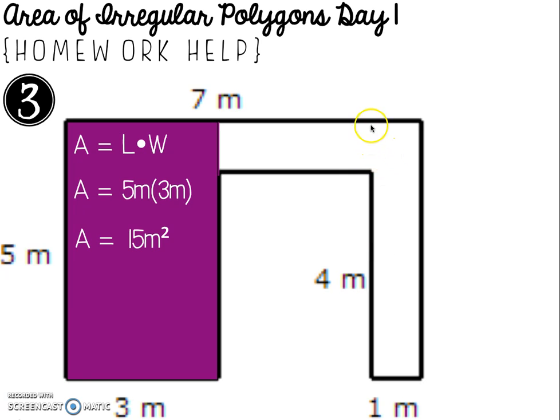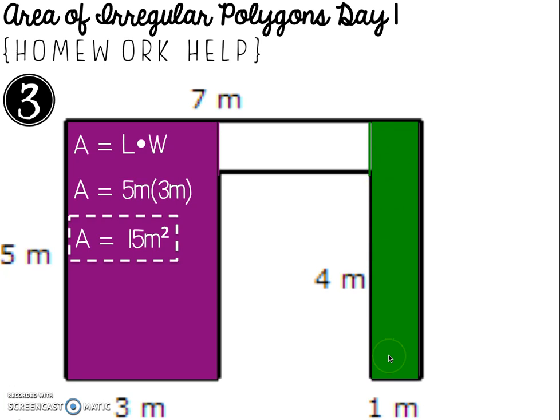Now I'm going to come over here and draw a line and make this a really skinny little rectangle off to the side. Okay, so there's our new rectangle, and I've got to find the measurement. I know that the width is 1, but I've got to find this entire side length. This piece right here is saying that from here to here is 4, but we know that the entire side of this shape is 5 meters long.